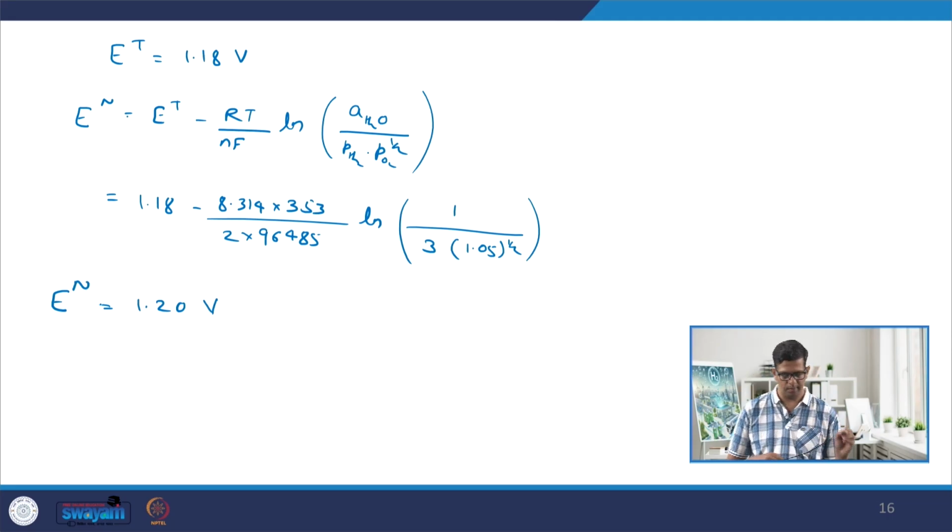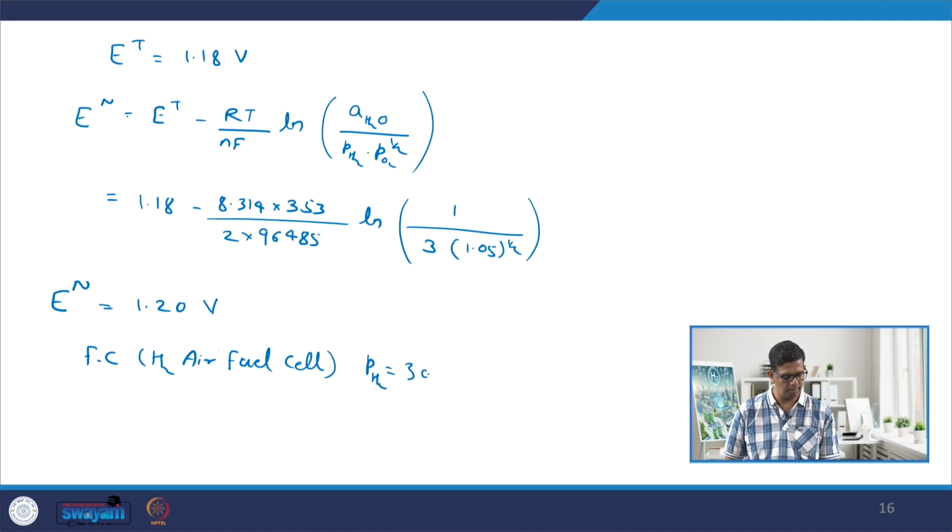So in other words, this is for an H2 air fuel cell having a pressure of hydrogen of 3 atmospheres, or 3 bar also we can say, and a pressure of oxygen of 5 atmosphere, that will have a cell potential of roughly 1.2 volt.